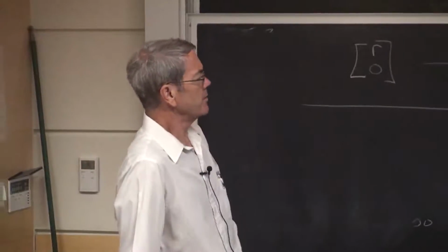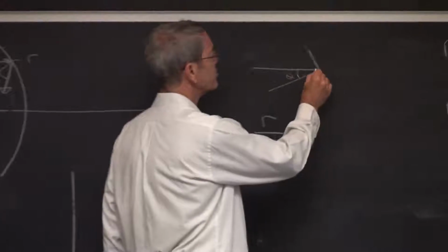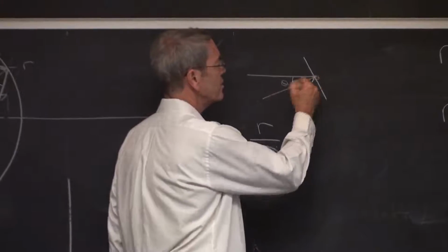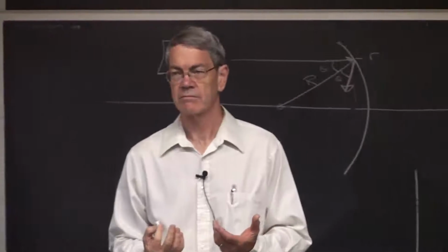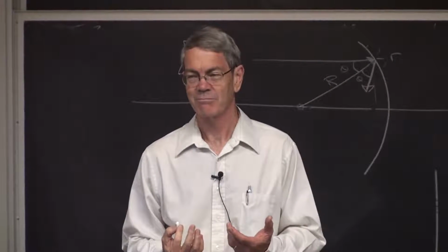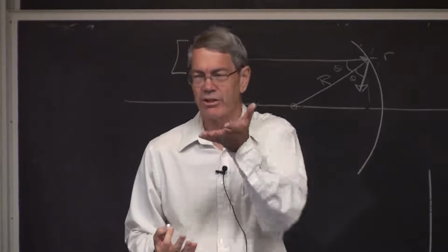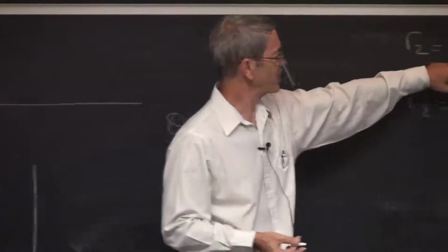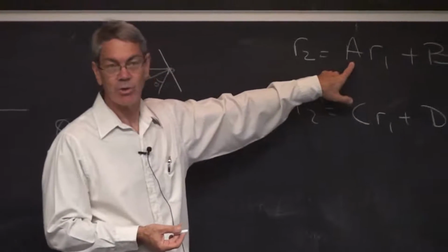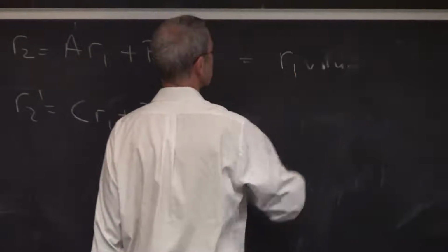This ray hits the mirror and bounces. What is R2 compared to R1? Does R2 change from R1? No, it's always going to be the same. So there's no doubt in my mind that A equals 1. This is always going to equal R1.